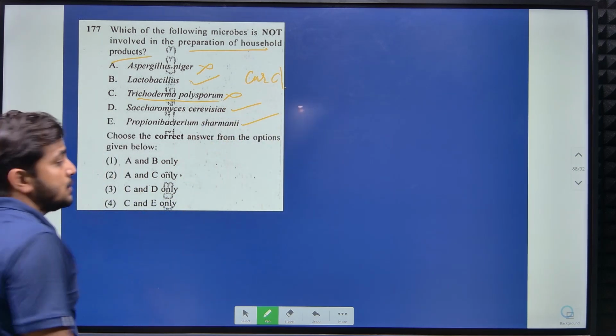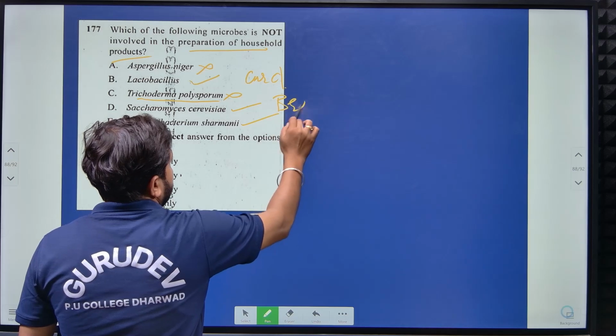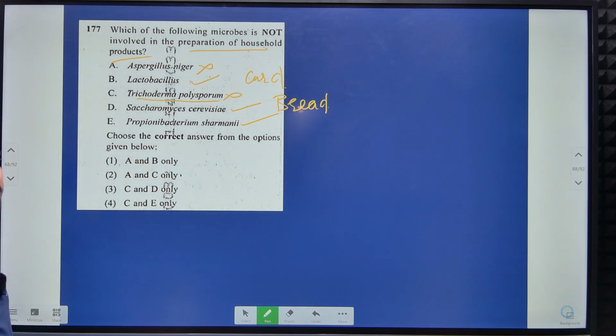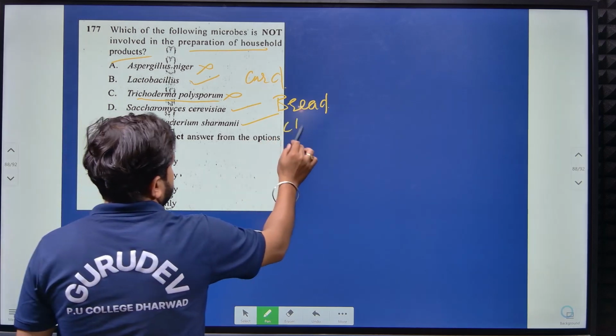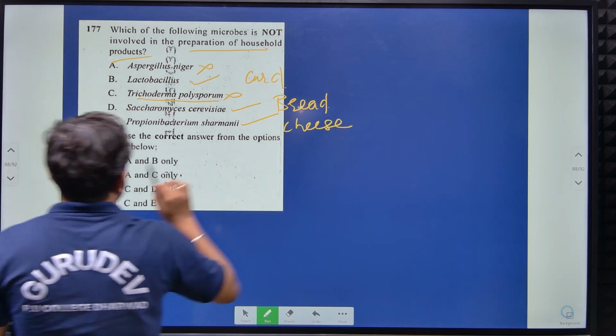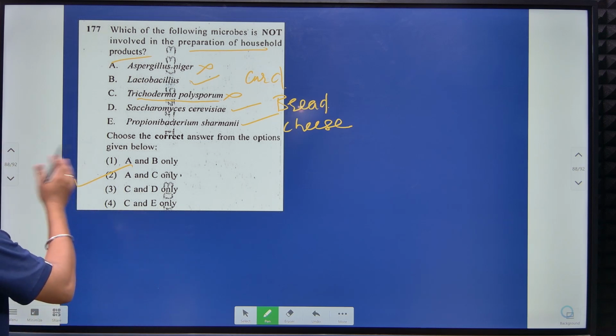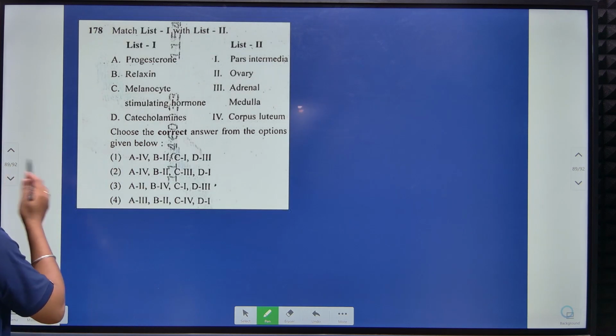Saccharomyces cerevisiae is used for bread, and Propionibacterium shermanii is used in the preparation of cheese. So here option 2 is correct. Aspergillus niger is used for the preparation of acids. Trichoderma polysporum is used for the treatment, like tablets formation.